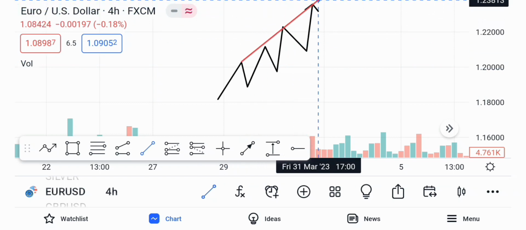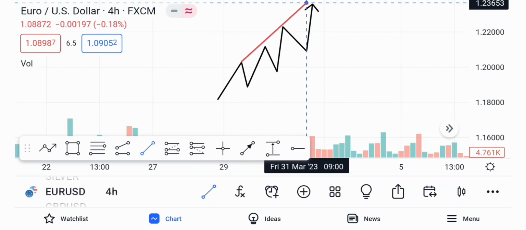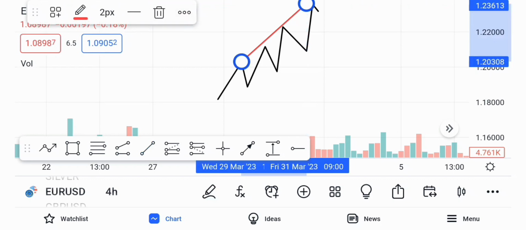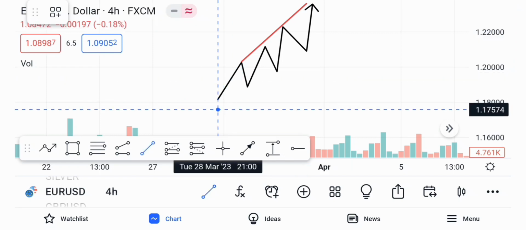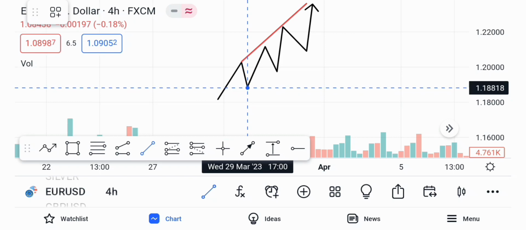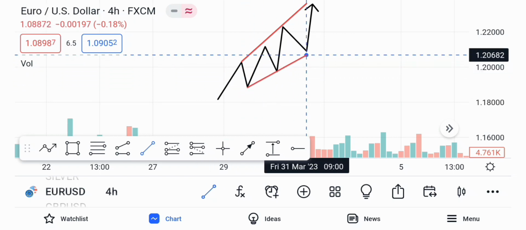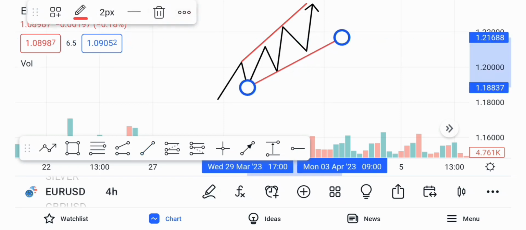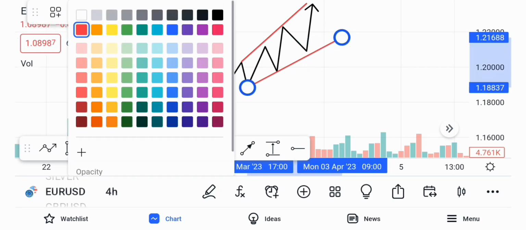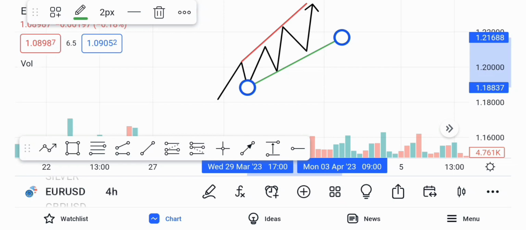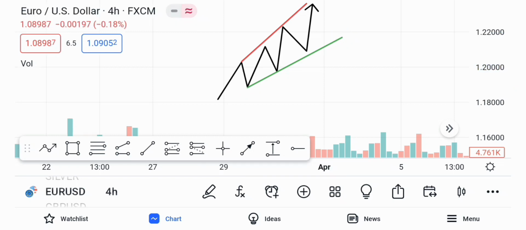After joining all our higher highs, we have come up with a resistance line. Now, we have to join our higher lows. After joining our higher lows, we have successfully drawn a trend line. This is a trend.